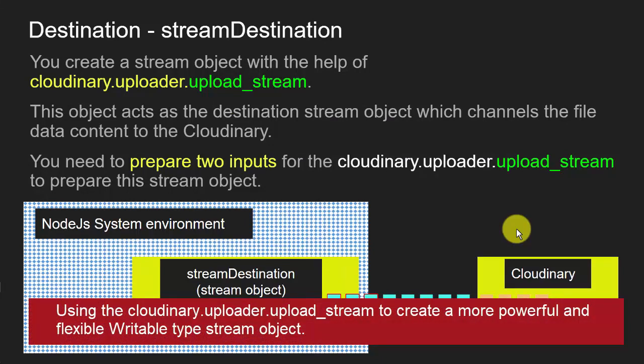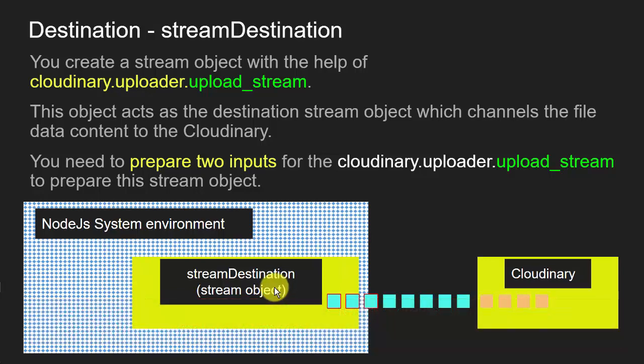The previous two experiments focused on streaming data from point A to point B. We have been creating writable stream objects, which write the received data into a computer file. Now, we need to create a stream object capable of establishing communication with Cloudinary, continuously transmitting data to it, and telling the Cloudinary system to write the data inside a folder.